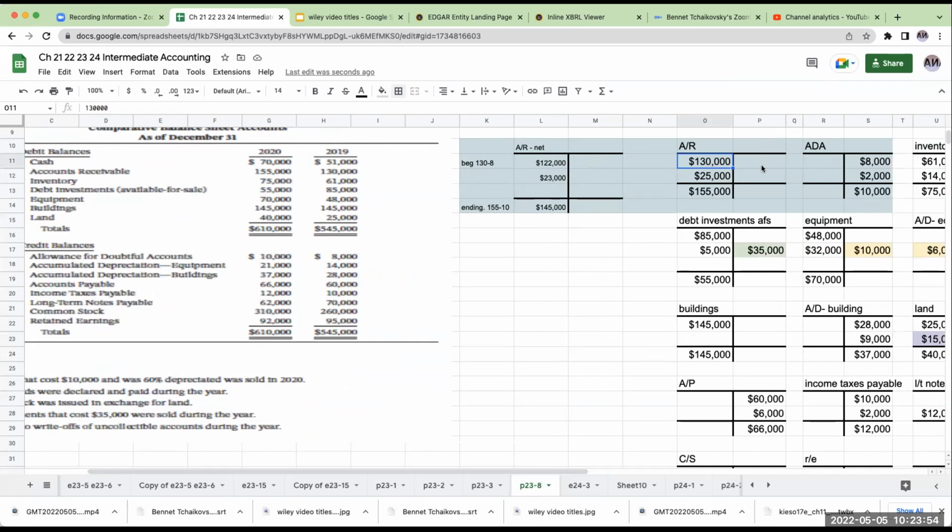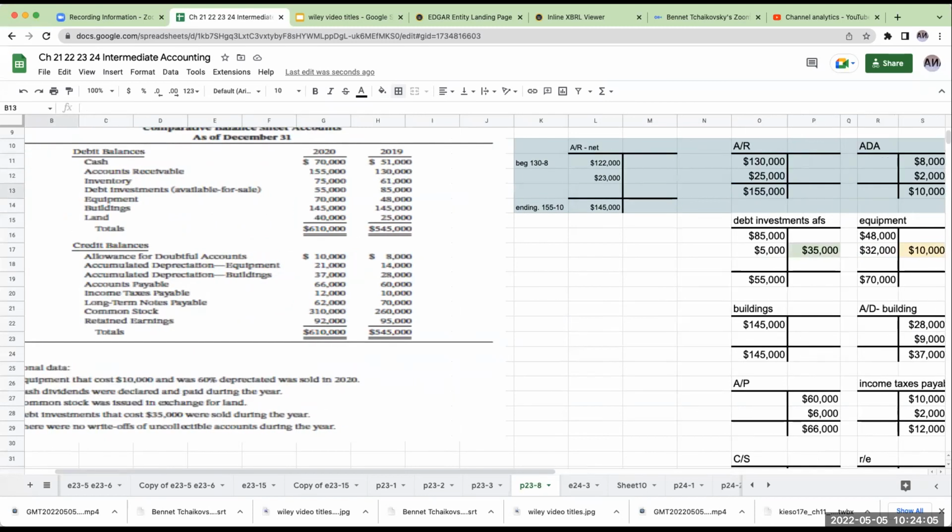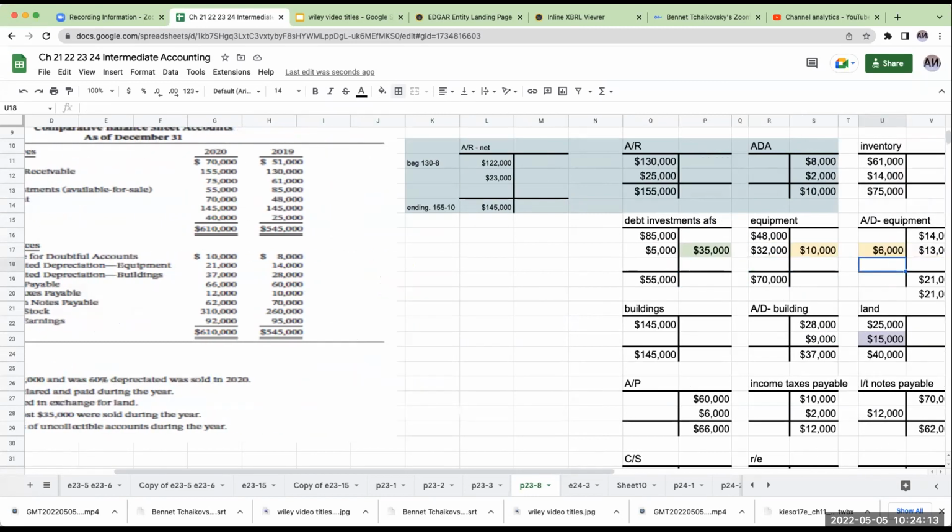My accounts receivable, 130 to 155, ADA 8 to 10, inventory 61 to 75, debt investments available for sale went from 85 to 55. Equipment went from 48 to 70. Buildings stayed at 145.